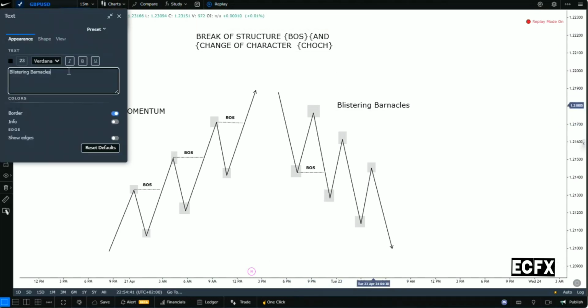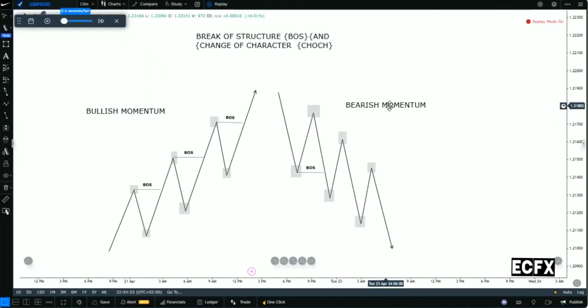Let me just label this one as well. Right, so on the left side over here we have bullish momentum, and on the right side here we have bearish momentum, right? So there are terminologies for this.